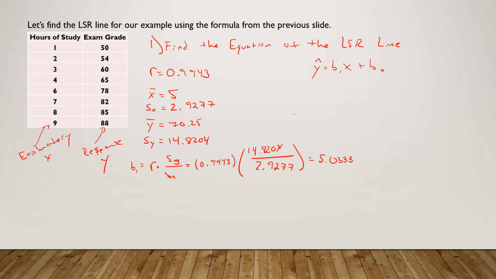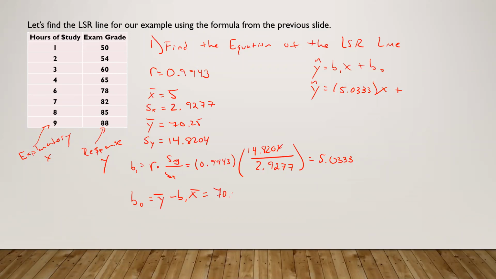So that's the slope, okay? So my slope I know is 5.0333 times x, okay? Plus, now I got to find the intercept, b sub 0. That's y bar minus the slope times x bar. That's why you found the slope first.